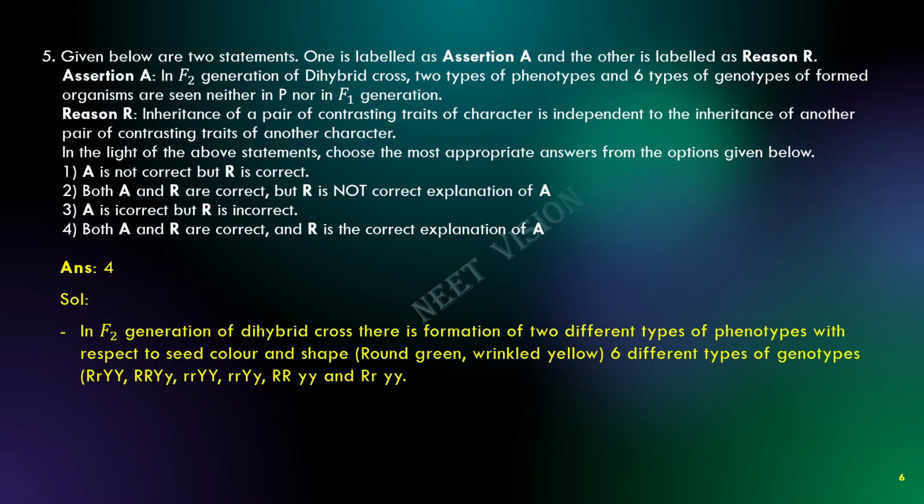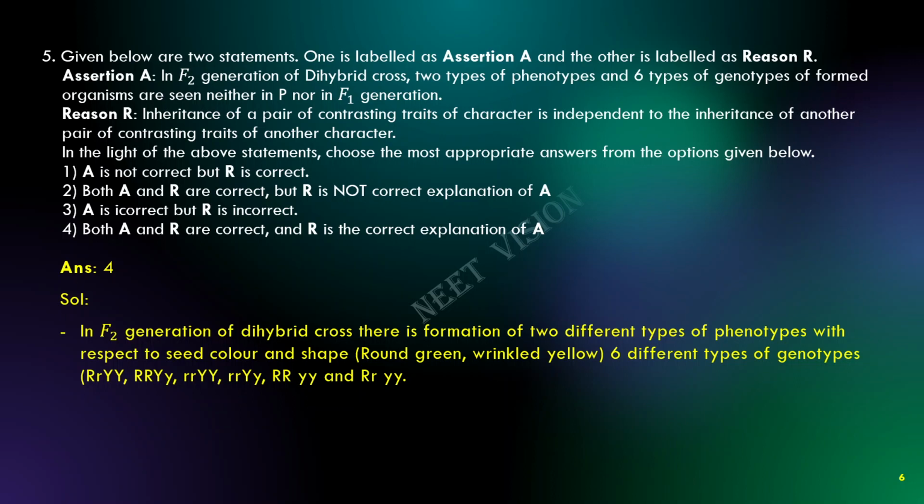Capital R, small r, capital Y, capital Y, that is for round and yellow. Capital R, capital R, capital Y, small y, that is also round and yellow. Small r, small r, capital Y, capital Y, wrinkled and yellow. Small r, small r, capital Y, small y, wrinkled and yellow. Capital R, capital R, small y, small y, round and green. And capital R, small r, small y, small y, round and green.